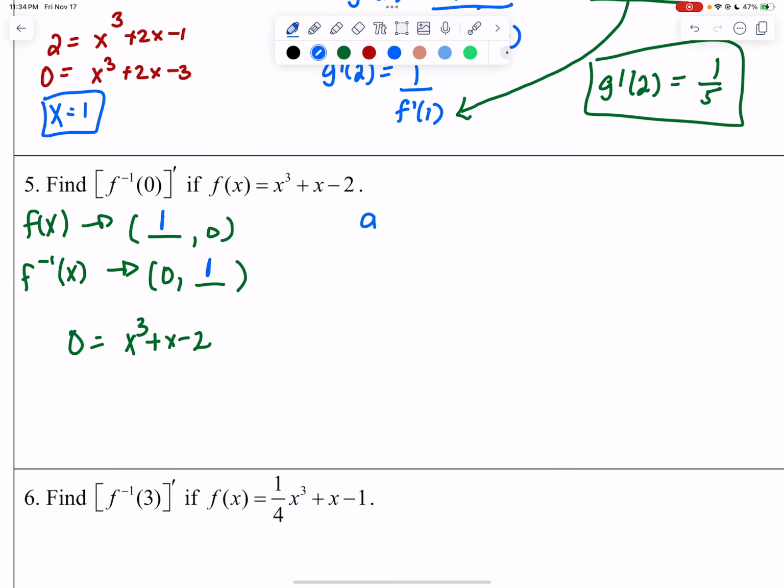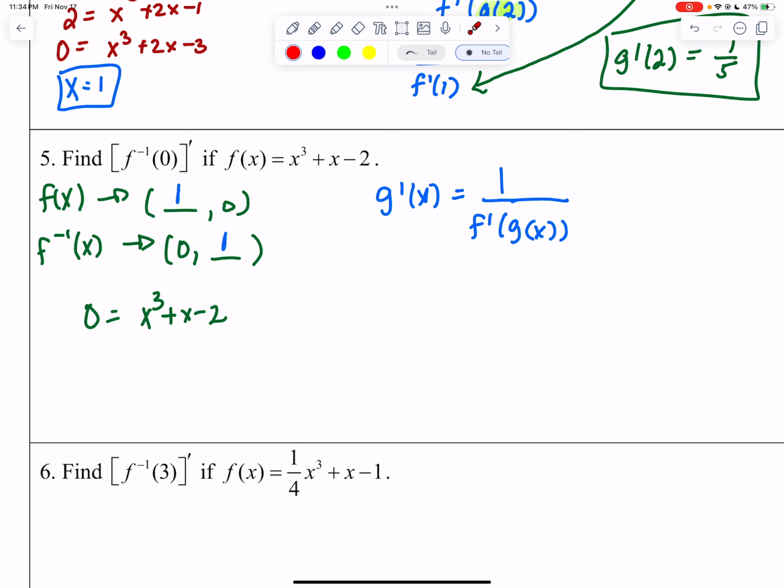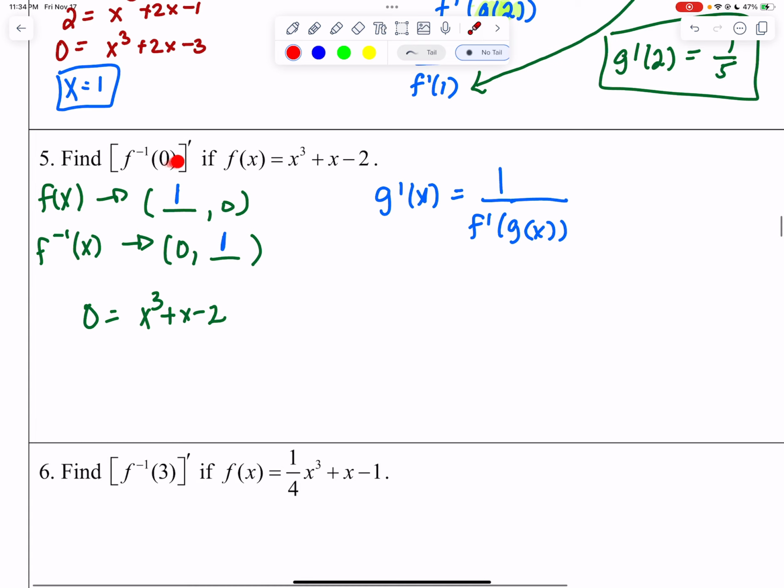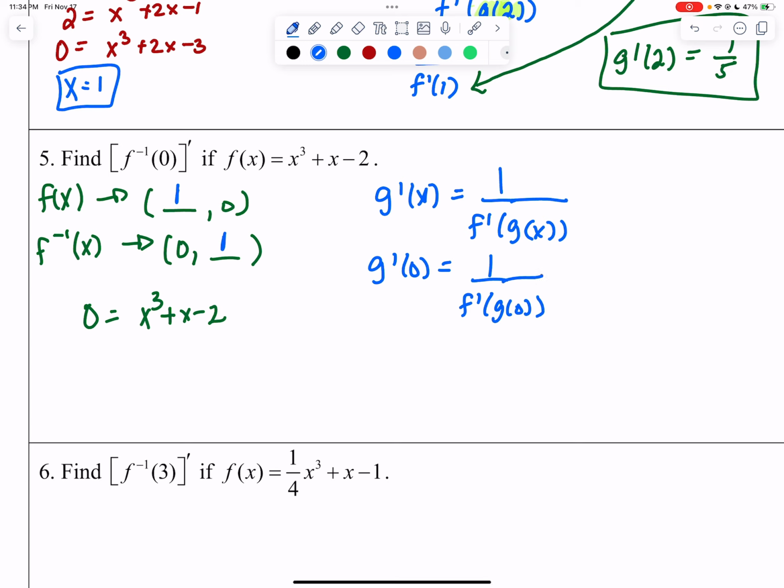Once again, we know that g prime of x is going to be 1 over f prime of g of x. And since I want to find the inverse derivative at 0, I'm going to substitute in my x as 0 to get that. I know what g of 0 is because remember g of 0 is the same thing as the inverse at 0. In this case, we found out that it was 1.